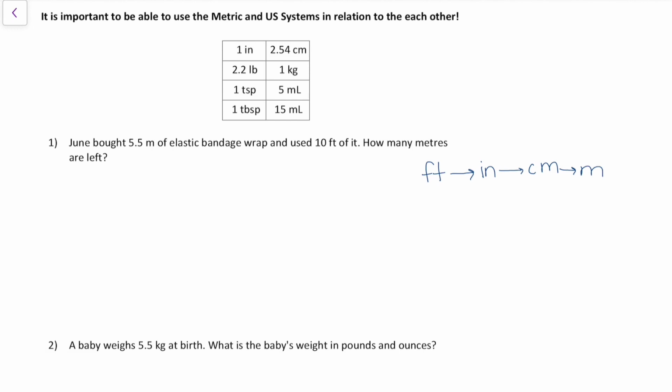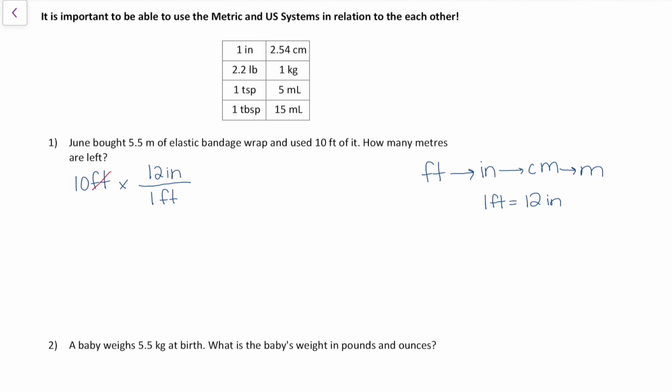My first step is to get from feet to inches. I have 10 feet, and I want to get to inches. This is our usual within the US system type of conversion. My conversion for feet to inches is 1 foot is 12 inches. I'm going to put the feet on the bottom and the inches on top.